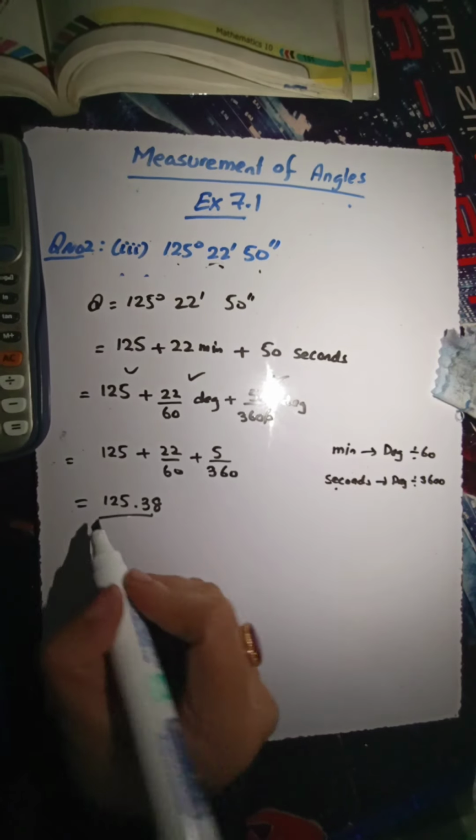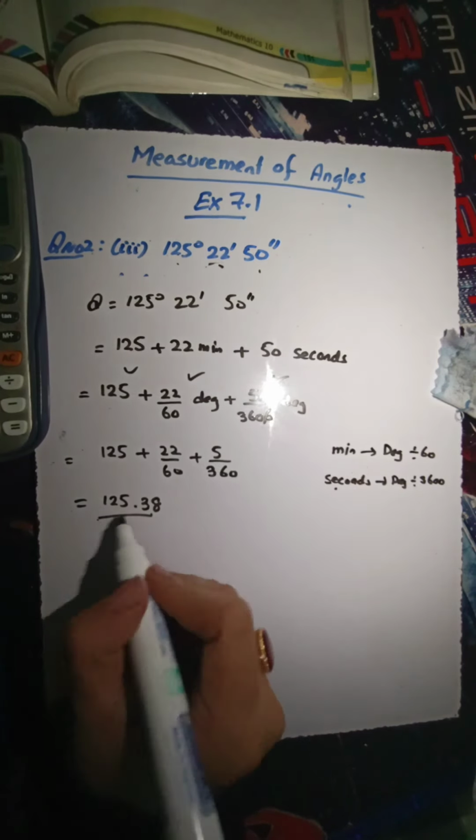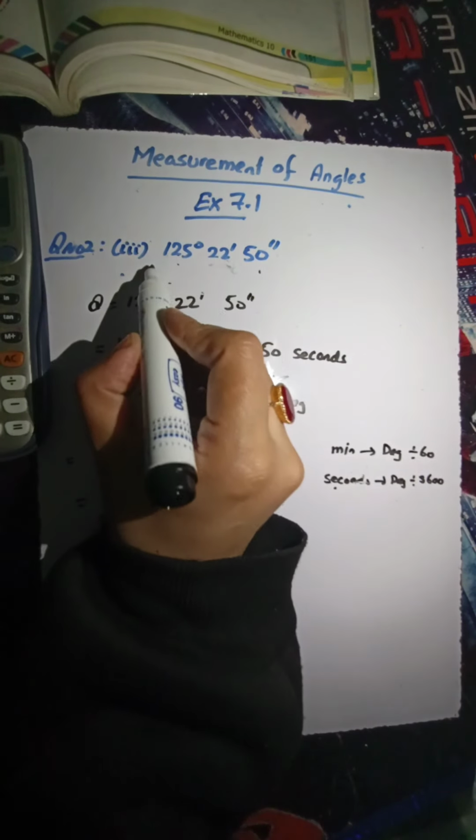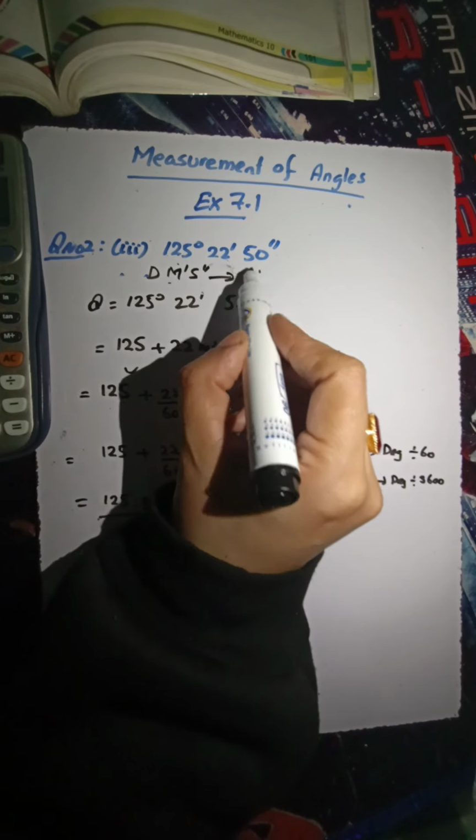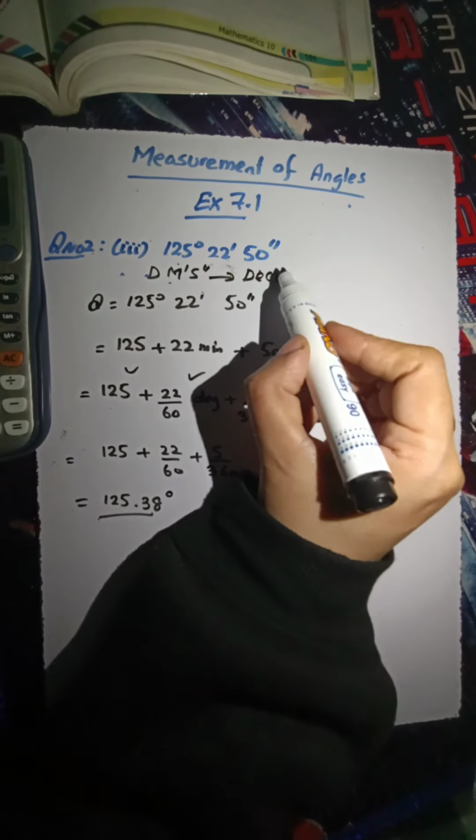So this is 125.38 degrees. We have moved from D.M.S system, this is how you write it, not like this, to decimal system.